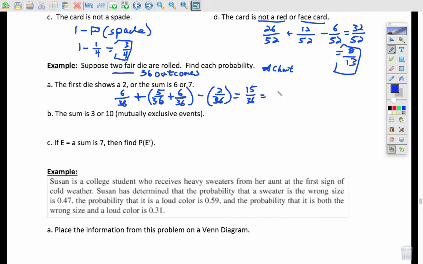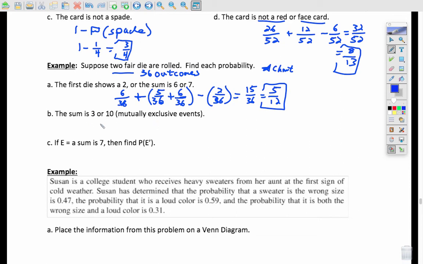Minus 2 is 15 out of 36. And if I divide everything by 3, the probability is 5 out of 12 that the first die shows a 2, or I get a 6 or a 7. That's not too bad, but we just had to stop and think about it for a minute.